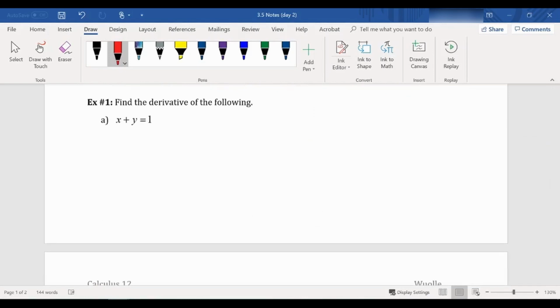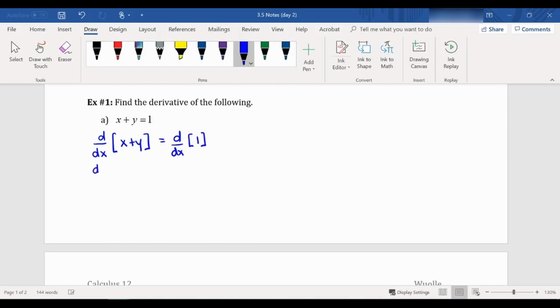So this one, we can do two ways. We can find the derivative now, or we can rearrange and then find the derivative. I'm going to go back to some of our very basic notation, which you would not do each time. If I want to find the derivative, this tells me I want to find d/dx of x plus y, and I would need the derivative of both sides of this equation.